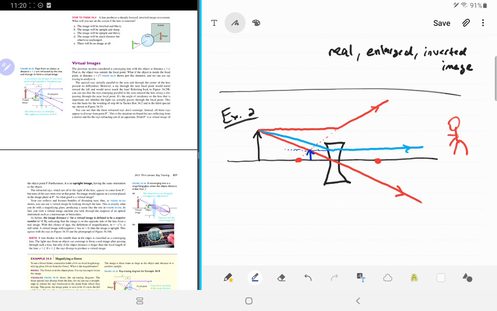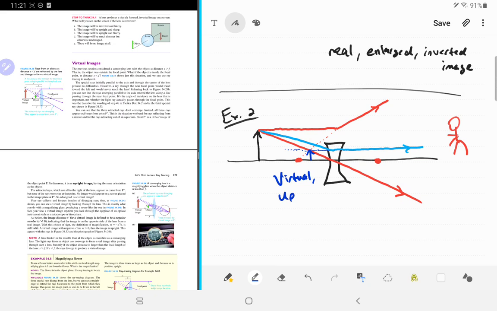So all of these light rays look like they came from that point right there. Now, these light rays didn't actually come from that location. Notice how I had to trace the path of the light ray back in order to see that it looked like it came from there, but it didn't actually come from there. So for that reason, we call it a virtual image, because we had to trace the light ray back.